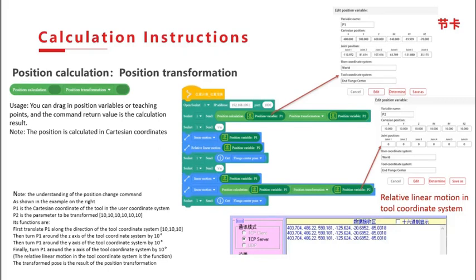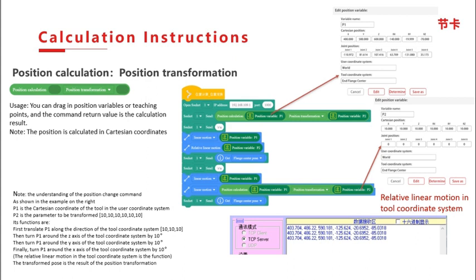P1 is the Cartesian coordinate of the tool in the user coordinate system, and P2 is the 6 parameters to be transformed. Its function is to first translate P1 along the tool coordinate system directions X, Y, Z by 10 millimeters. Then rotate P1 around the Z-axis of the tool coordinate system by 10 degrees.